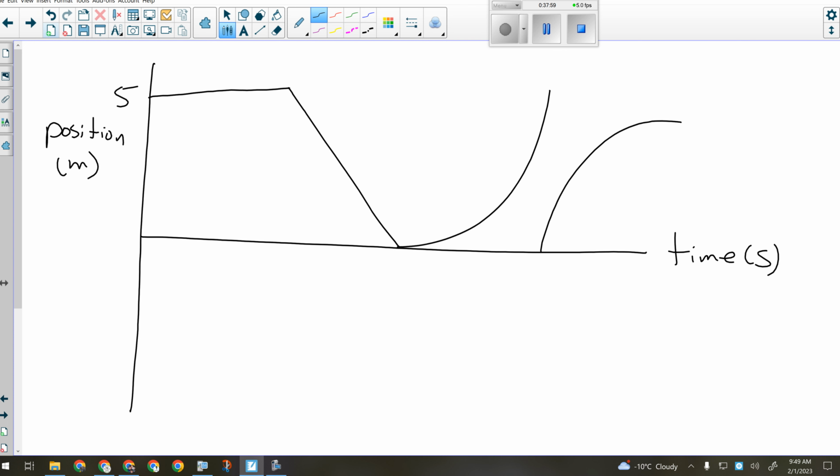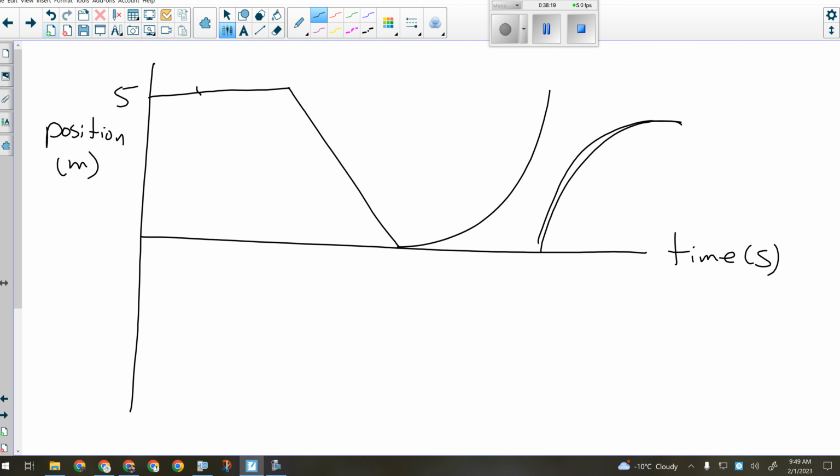Decelerating. That object is slowing down. Going back to this one, this line gets flatter and flatter, and eventually it is flat at the top, so it's slowing down because eventually it comes to a stop.